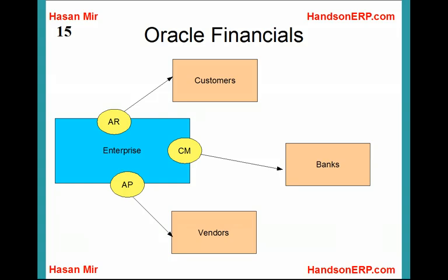For example, to manage customers, a module called Accounts Receivable is used, now known as Oracle Receivables. Similarly, to manage vendors, a module called Accounts Payable or Oracle Payables is used, and Cash Management or Oracle Cash Management is used to manage your banks.